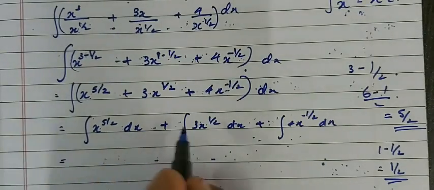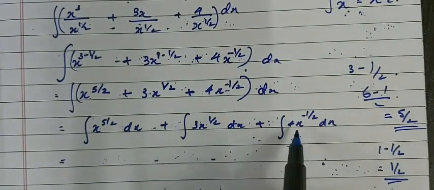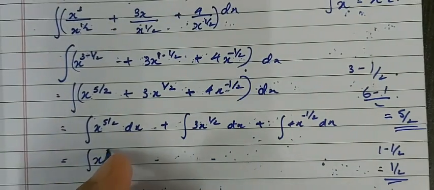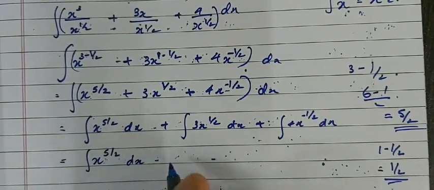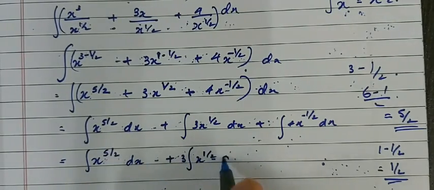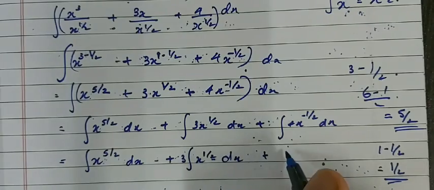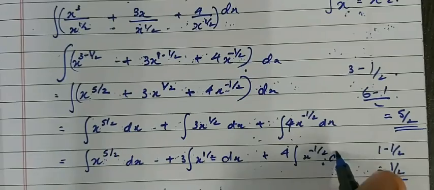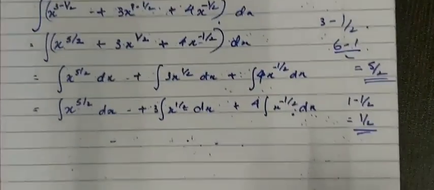Now let us take these constants outside the integral sign. So x raised to 5 by 2 dx plus 3 into x raised to 1 by 2 dx plus 4 into x raised to minus 1 by 2 dx.